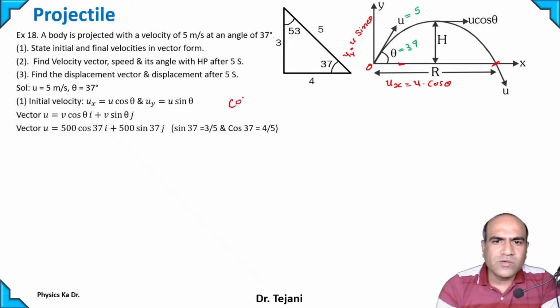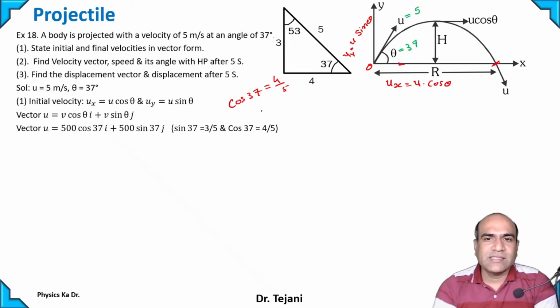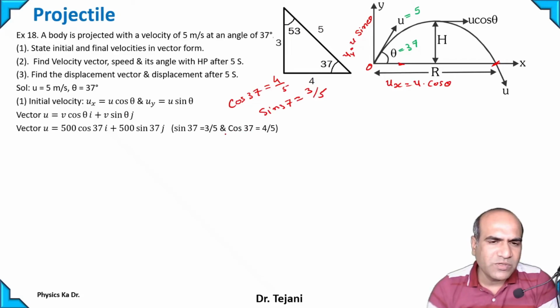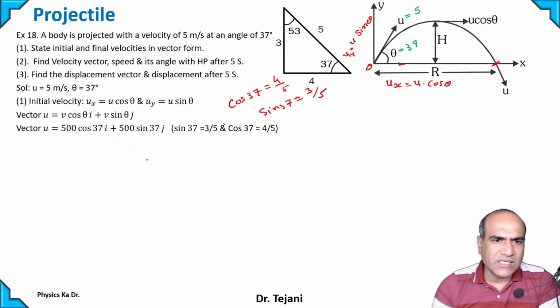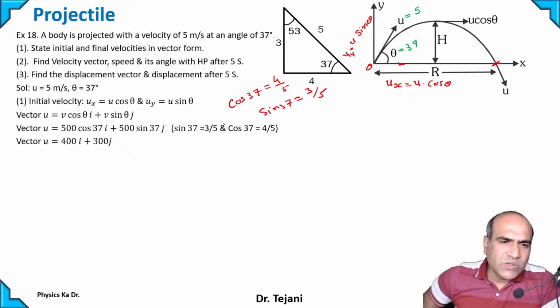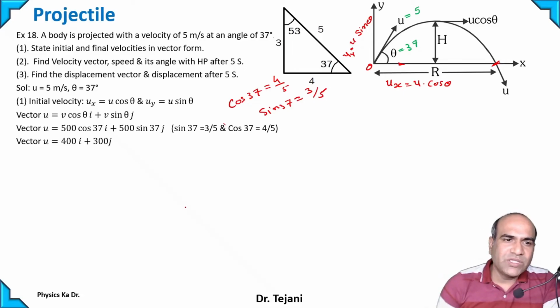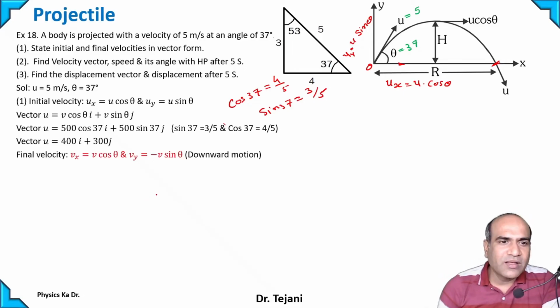So cos 37 is equal to nearer side 4 by hypotenuse, and sin 37 is equal to opposite side divided by hypotenuse. That we know. We can put the values here. The vector is available. So U is equal to 4.00i plus 3j, the initial vector.